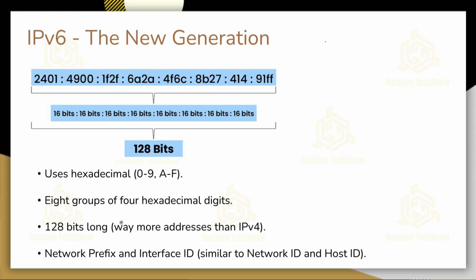An IPv6 address is 128 bits long, which is 4 times longer than an IPv4 address. This allows for a mind-boggling large number of unique addresses. Just like IPv4, IPv6 addresses also have a network portion called the network prefix and a host portion called the interface ID.